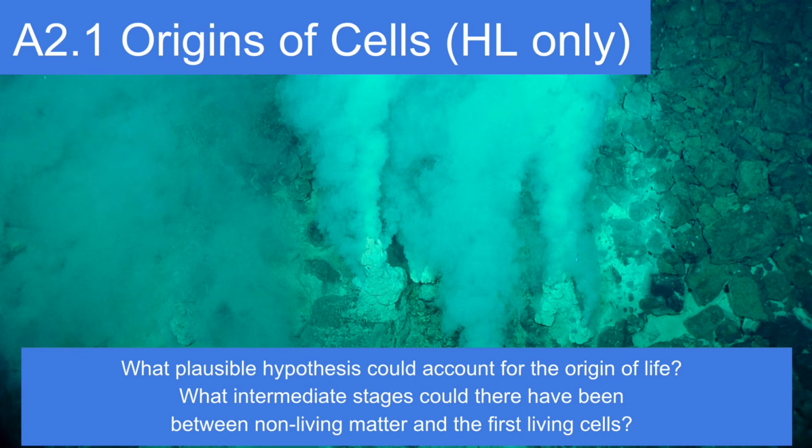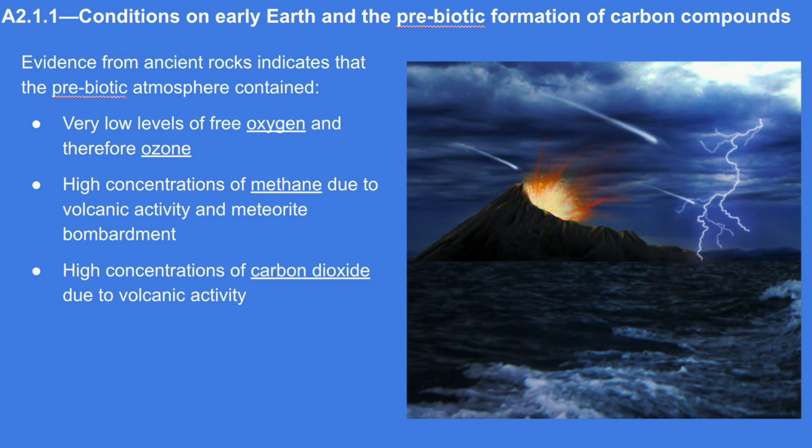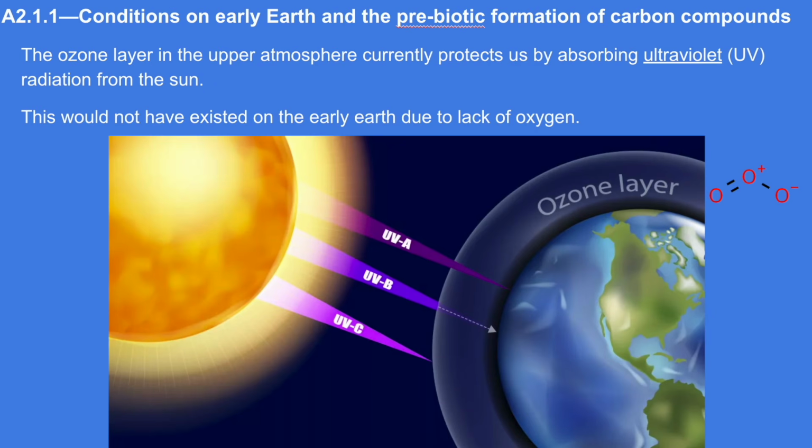Okay, let's go on to A2.1. This is an HL only subtopic. All right, so before life, prebiotic Earth looked very different. There were very low levels of free oxygen and therefore ozone. There was a lot of methane and carbon dioxide due to volcanic activity.